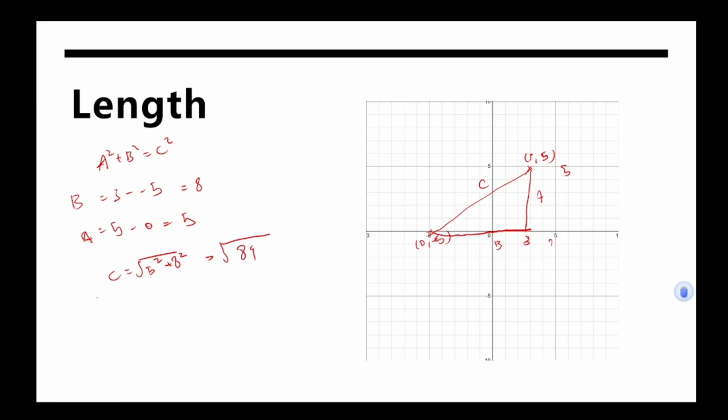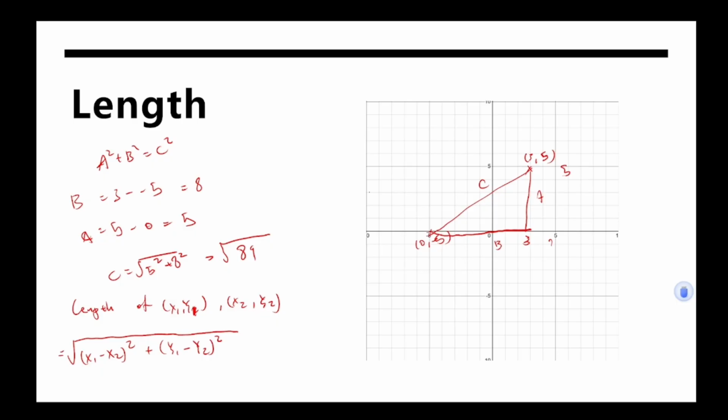So a common formula for length of x1, y1 and x2, y2 would be square root of x1 minus x2 squared plus y1 minus y2 squared.